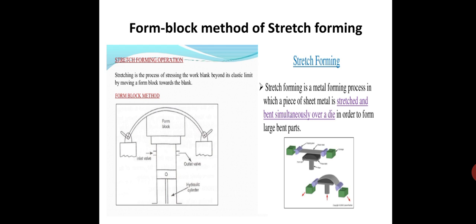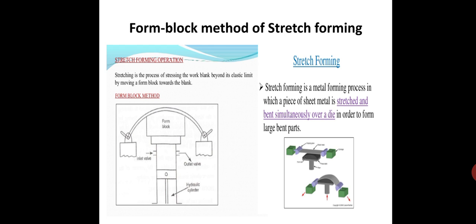Here, fixing the form block stationary and moving the grippers towards the form block is the simple difference between the form block method and the stretch forming method. In the first case, the form block method, it's a movable form block and adjustable grippers.